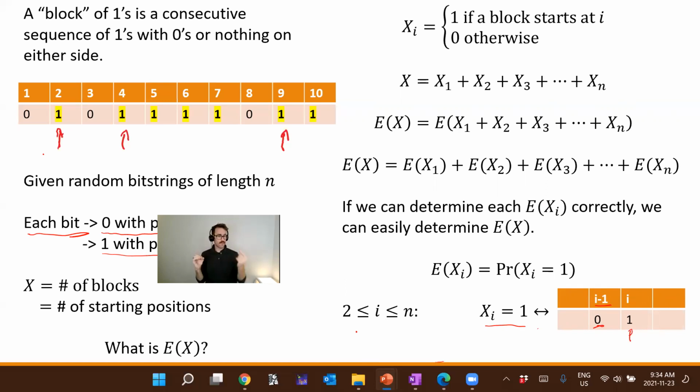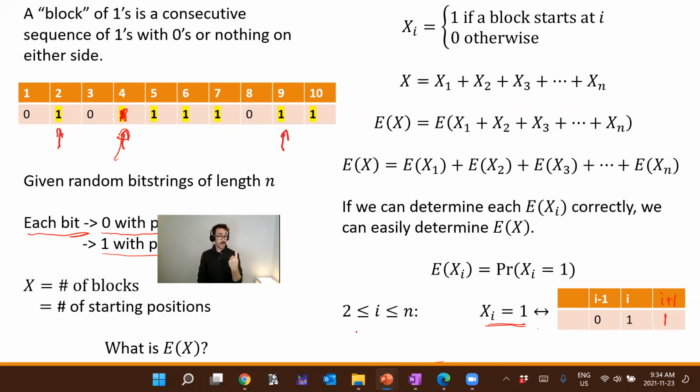In order for a block to start at any given location, it has to be preceded by a 0, because if a block starts at 4, then a block cannot start at 5. So if I had a block start at 5, location 4 would have to be 0 instead of 1. So in order for xi to be equal to 1, I need a 0 in the previous location and a 1 in location I.